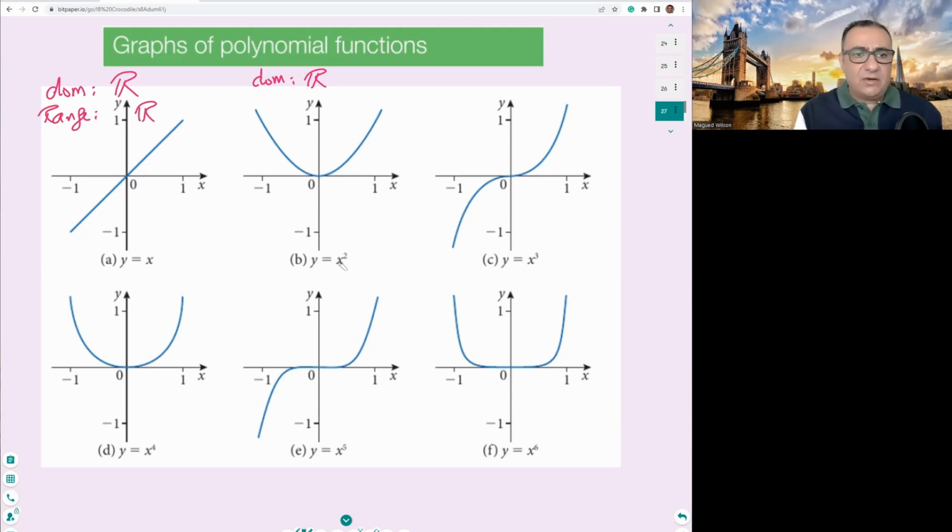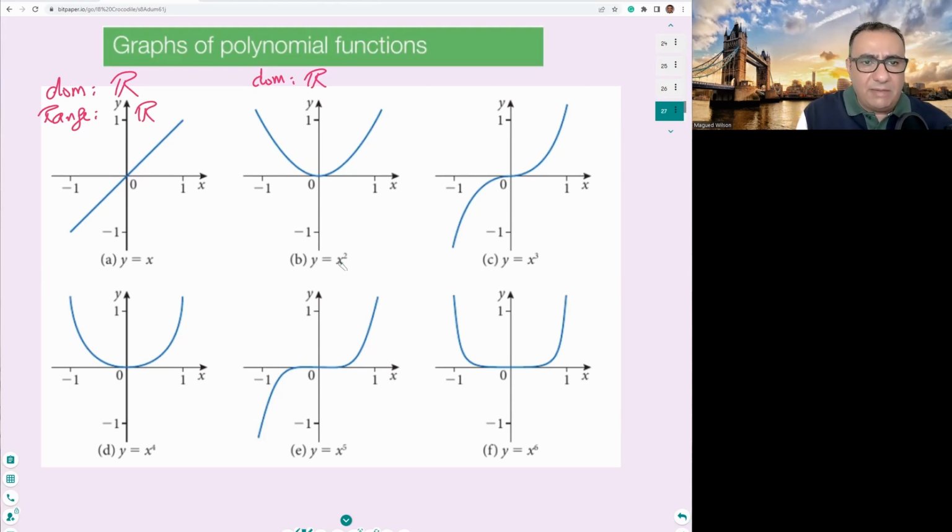So in a parabola, you always look at whether it has a minimum point or a maximum point. I can talk in more detail about parabolas in later videos, but today I just want to give a flavor of the different polynomial functions.